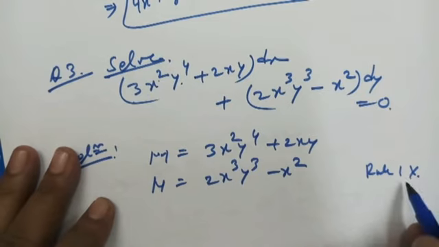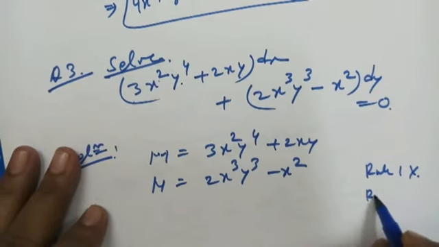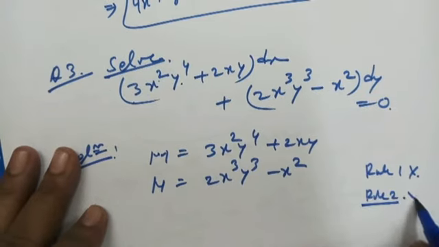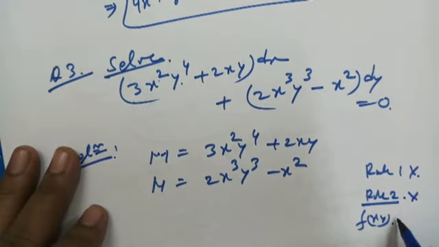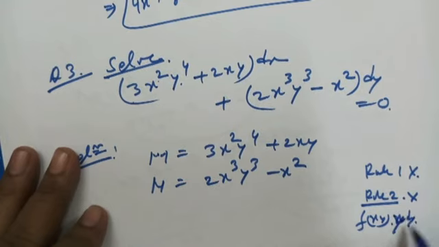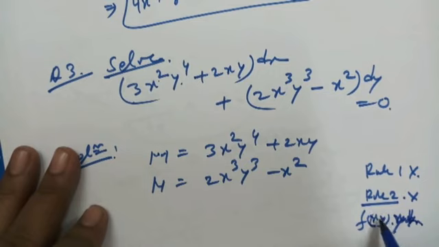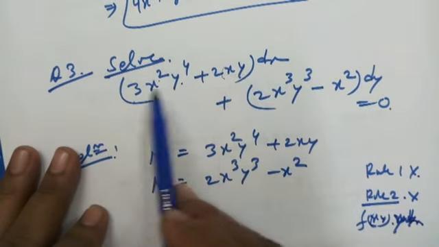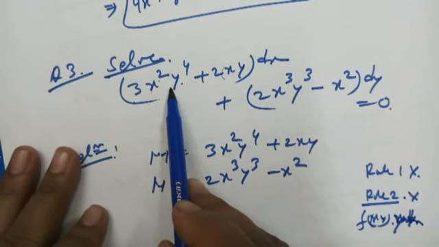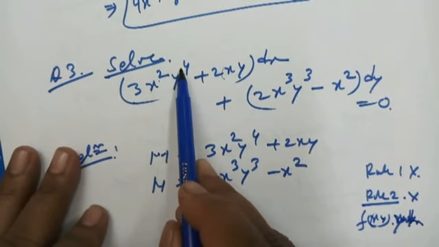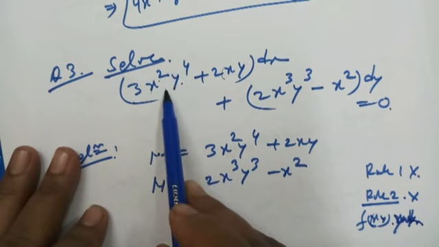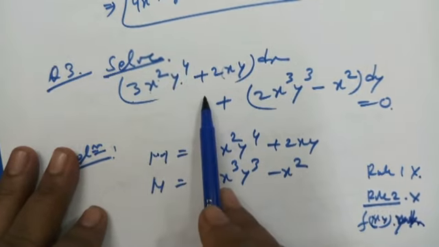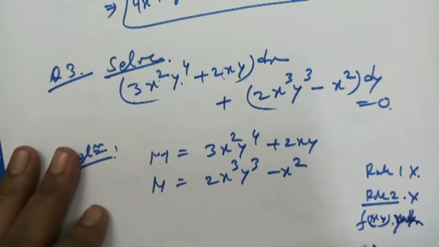Rule 2 is also crossed, because rule 2 is for a function of xy in x dy plus y dx, but here it is not a function of xy, because it is a function of x power 2 and y power 4.